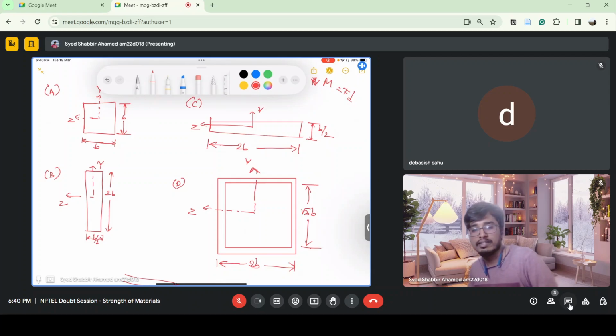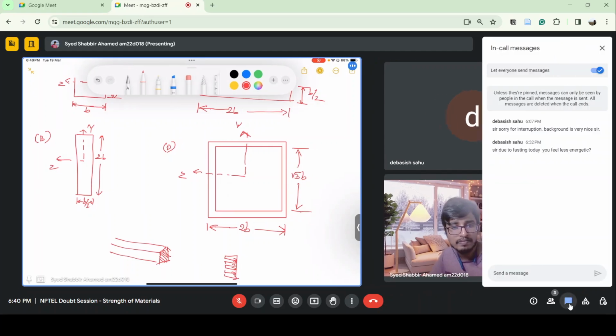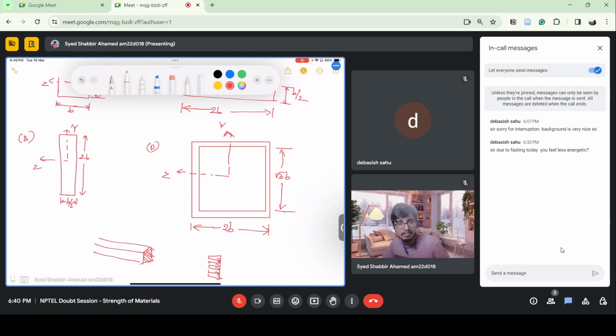So we don't have any difficulty in choosing which section, because all have the same area, so all will have the same axial stress. It's not like one I-section will have maximum axial stress or something like that. So we can choose anything.